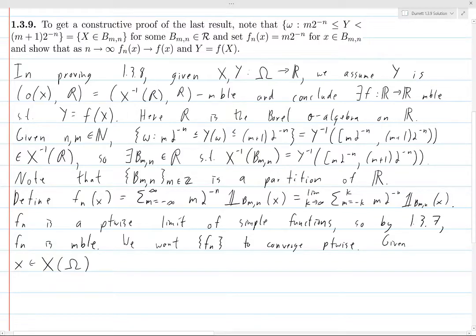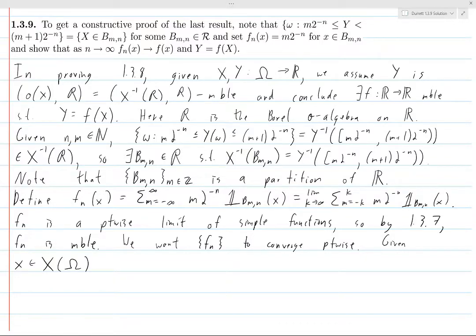Because if we look at Fn of x, basically the B_{m,n} are all subsets of the image of X. And so Fn is only really defined on the image of capital X. So we're going to take a lowercase x in capital X of omega.